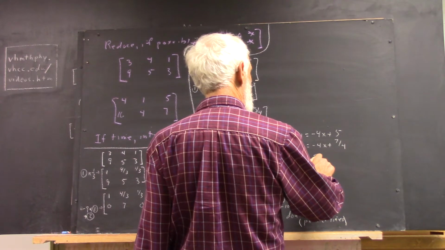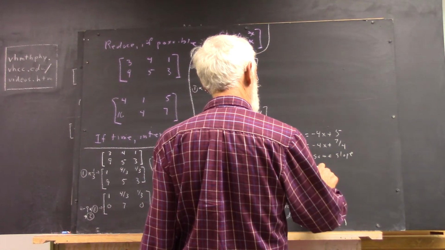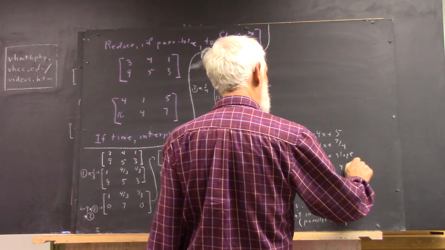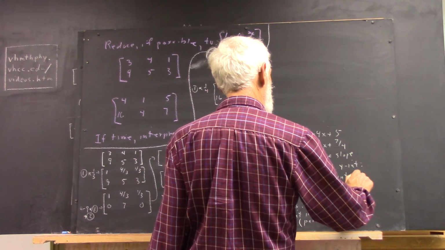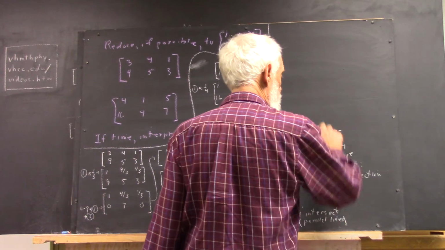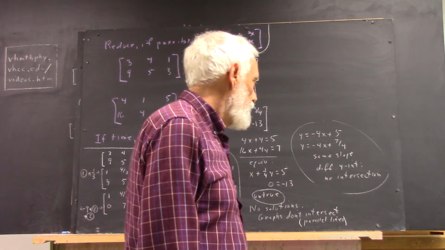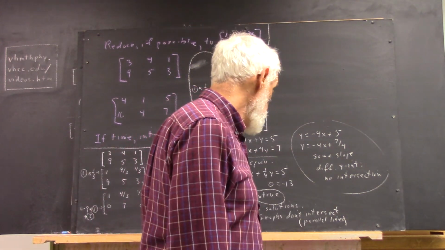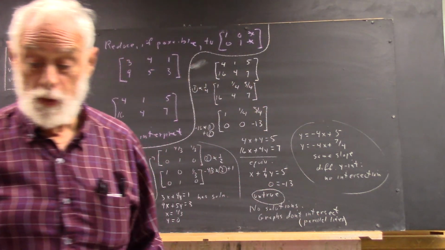Okay? Same slope, different y-intercepts, no intersection. That's important to understand. If you don't think about it, research it. It's right there in the basic problems you've been given, the introductory problems with all kinds of solutions. So we're just trying to reinforce that.